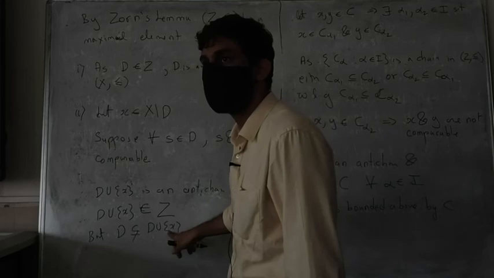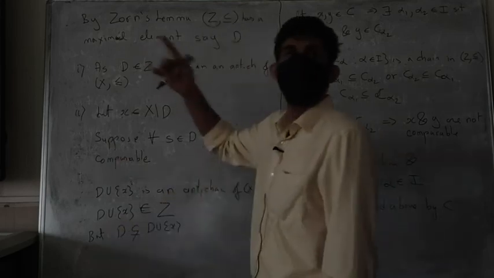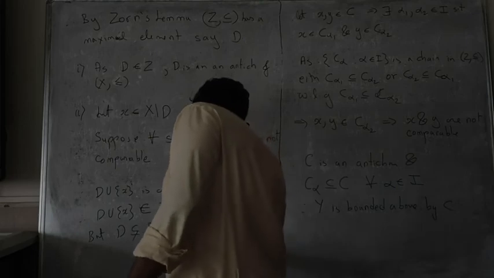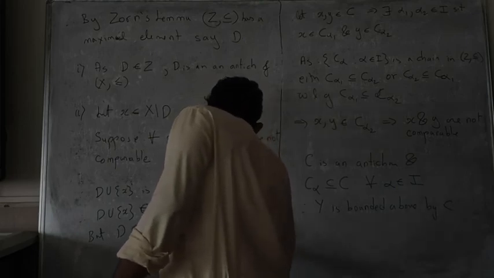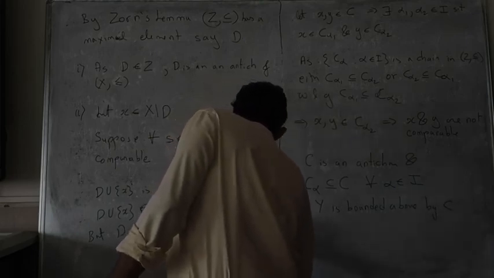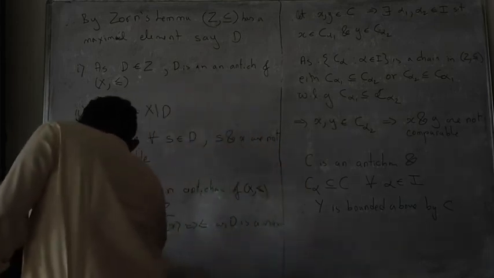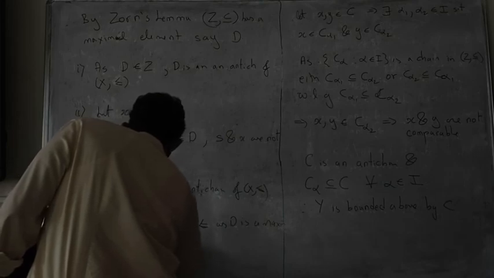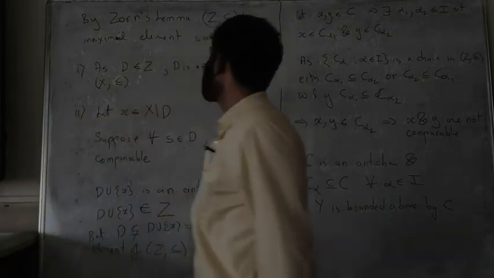Why is this not possible? Because D is a maximal element of Z. Now this is a contradiction, as D is a maximal element of Z with containment. Okay, so this gives us a proof.